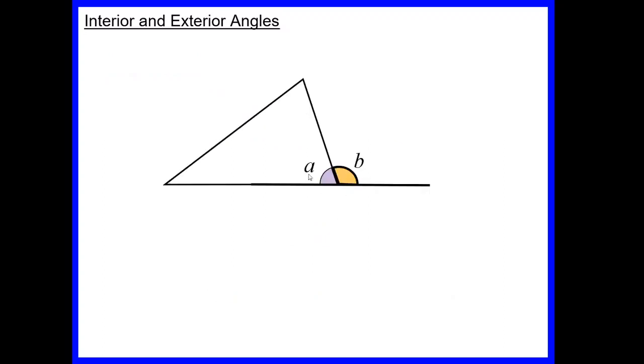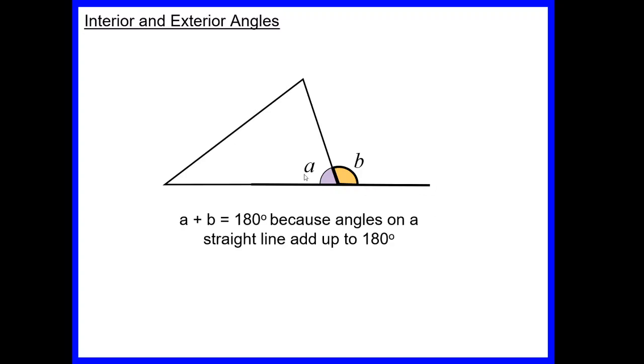Now, if we have an interior angle A and an exterior angle B, we can see that they lie on a perfectly straight line. So angle A plus angle B must add to 180 degrees because we know that angles on a straight line add to 180 degrees.